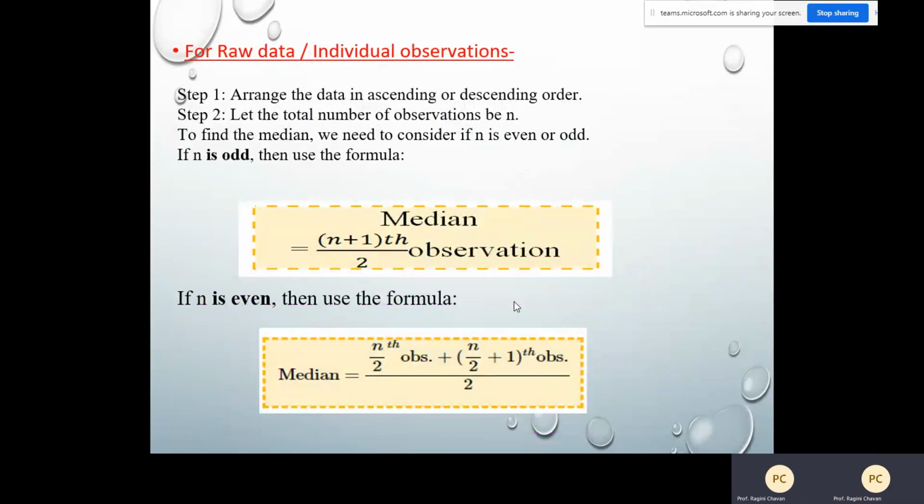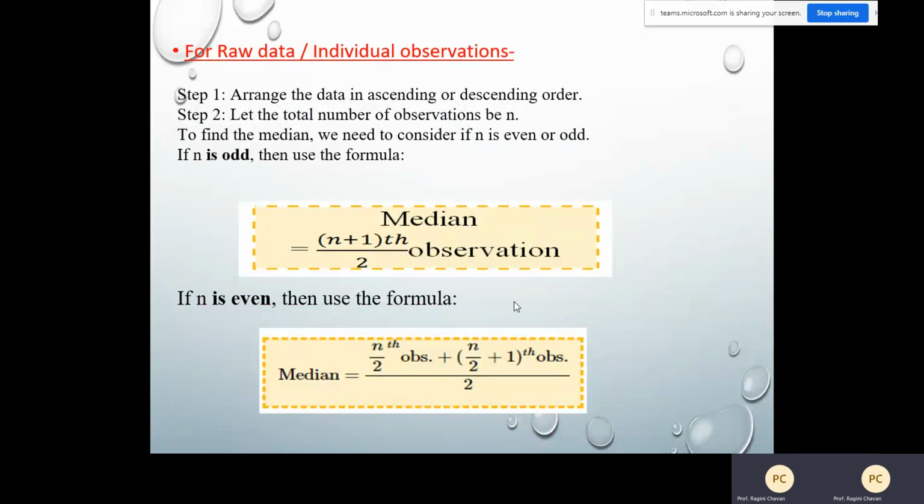Now let us see how to find the median for the first type of data, that is for raw data. The very first step is to arrange the data in ascending or descending order, and then check whether the number of observations, that is small n, is even or odd. According to that, there are two different formulas to find the median.